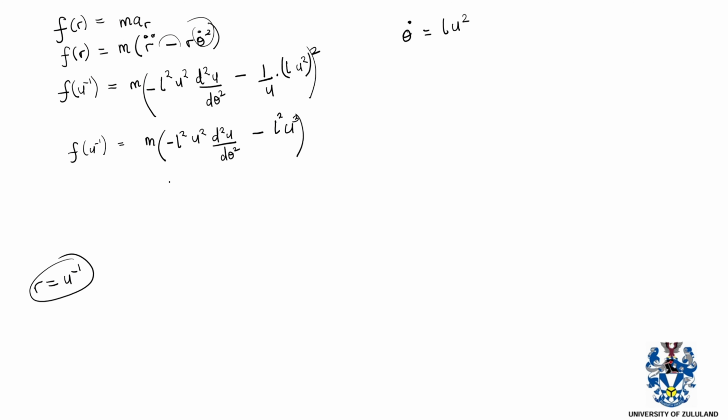Basically, what are we going to do? We're going to multiply everything in such a way that here we remain with negative f of u to the power minus 1, which is our force function, multiplied by 1 over m L squared u squared.